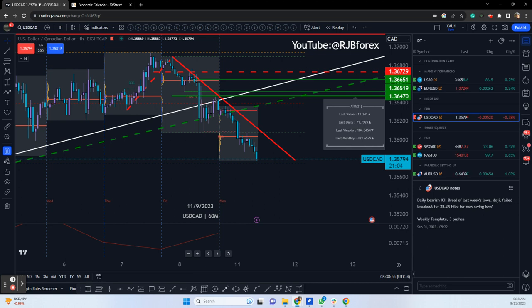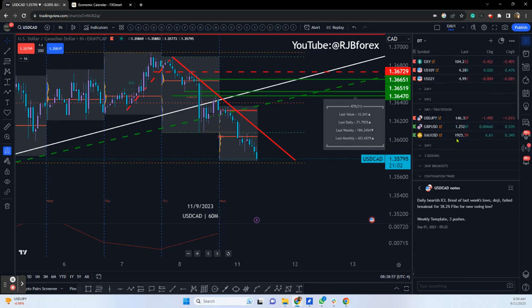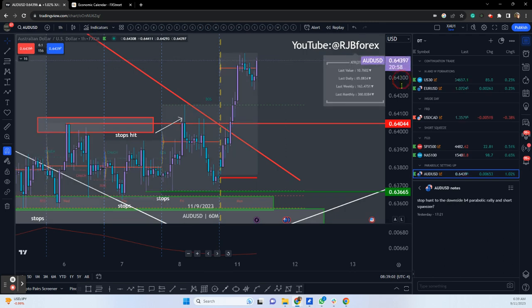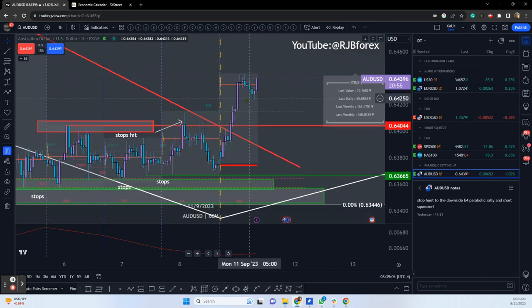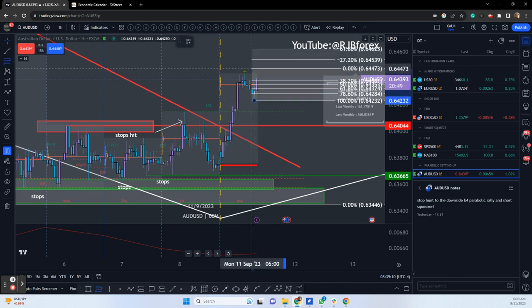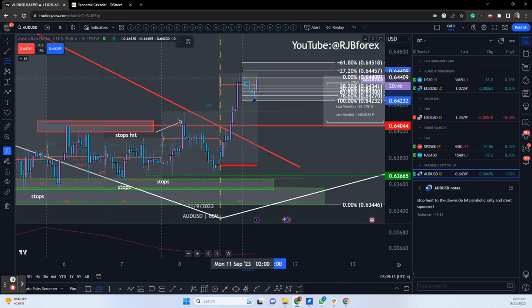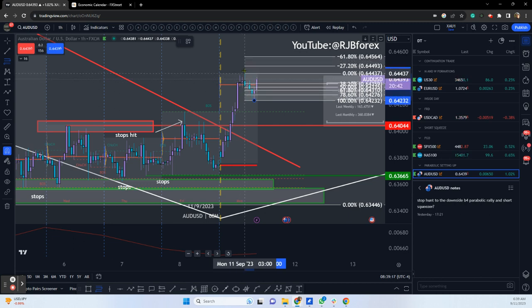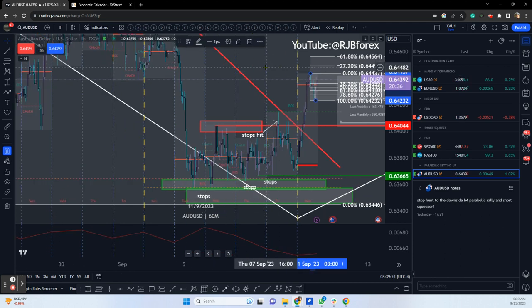All right, and then we can look over to the Aussie. Right, the Aussie has prospect of a continuation to the upside, targeting 64.50. Comes in line with this breakout level over here.